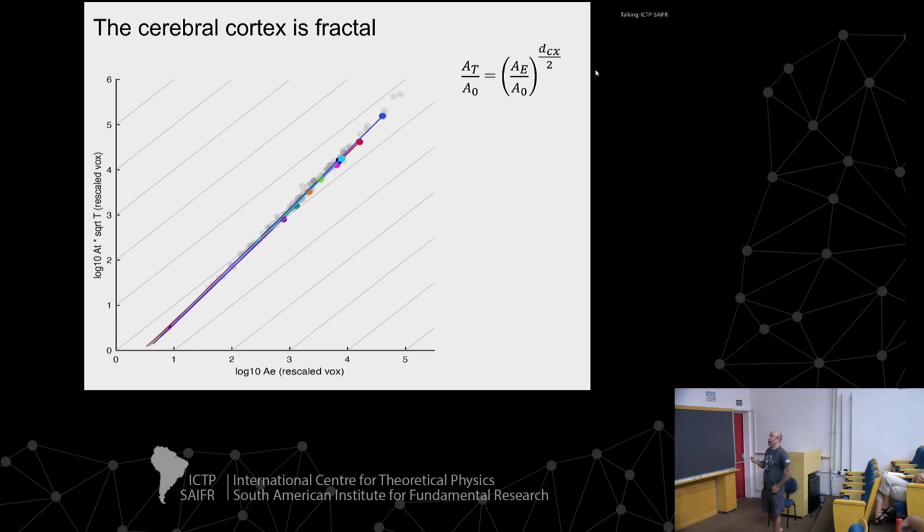So what we're saying here is that each one of those movies of the melting brains separately obeys the universal law, which can be expressed as this: a relation between total area and exposed area measured in units of the fundamental size. And the slope is almost exactly 2.5.